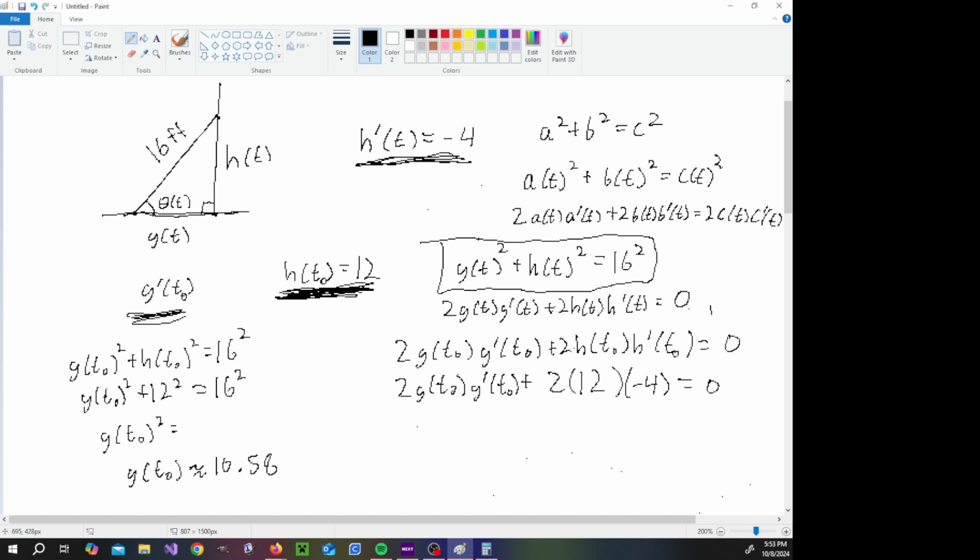So now, putting that value into our equation, it turns out the only unknown is g prime. So we can go ahead and solve for that. We're going to move this to the other side of the equation. I guess we can multiply it together too, right? 2 times negative 4 is negative 8. Negative 8 times 12 is negative 96.